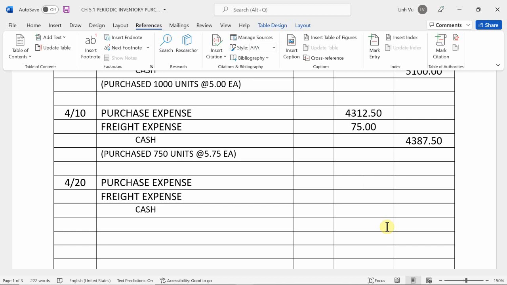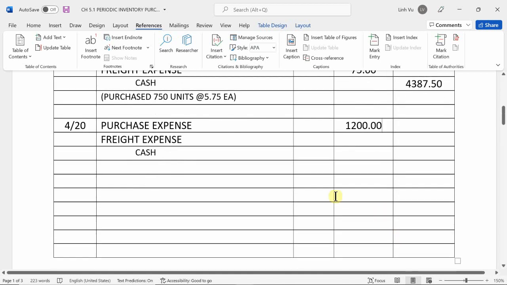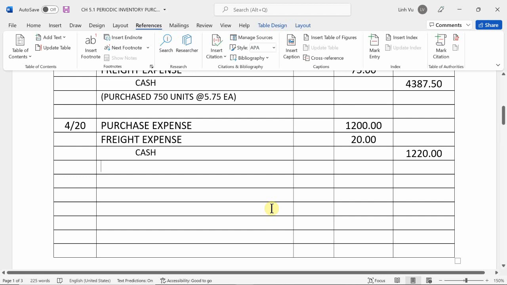If I bought 200 units at $6 each, 1,200. How much is my freight? $20. In grand total, how much did I pay? $1,220. Good.